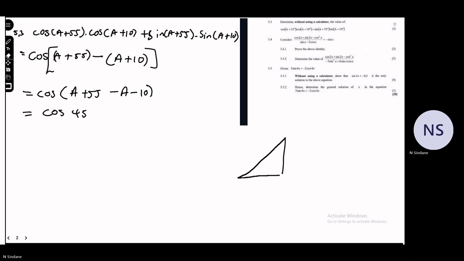You remember that? It's going to be 1 over square root of 2, right? Your solution is 1 over square root 2. When you punch that on the calculator, you're supposed to get 1 over square root of 2. That is how you could have done that question.